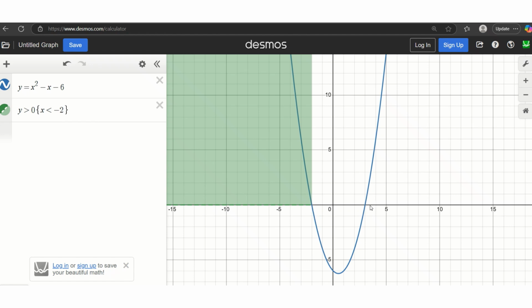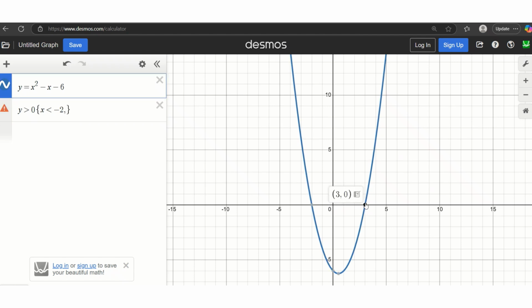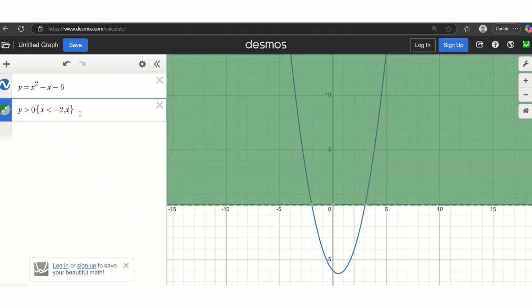Now, what you'll also notice is that we eliminated the highlighting from over here, and over here the graph is also positive. So what I can do there is I can hit comma, and I can type in the other interval. I need to go see where that is. That begins at 3. That's my other crossover point. And I can type in x is greater than 3.